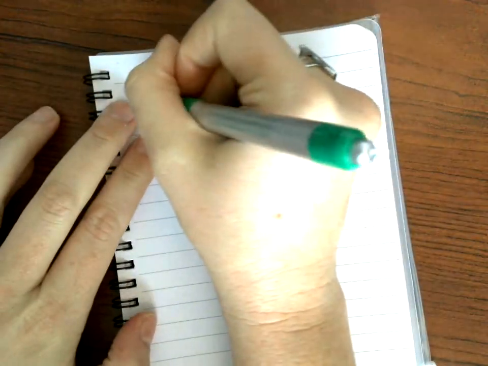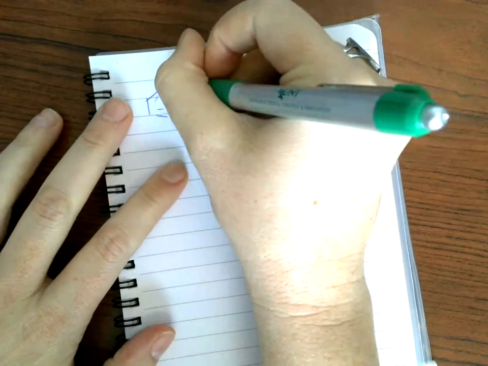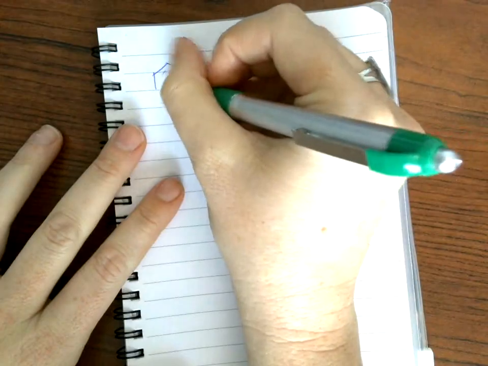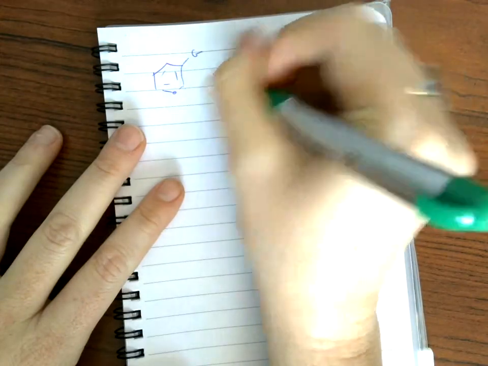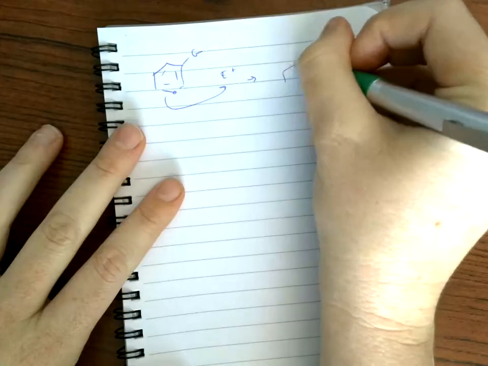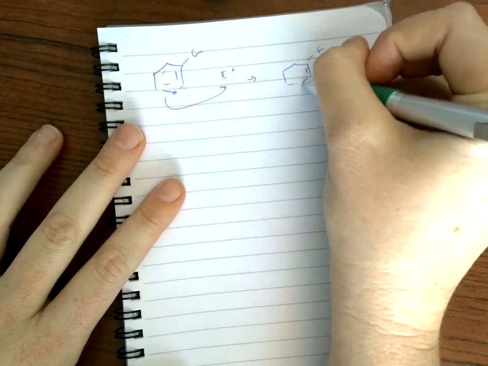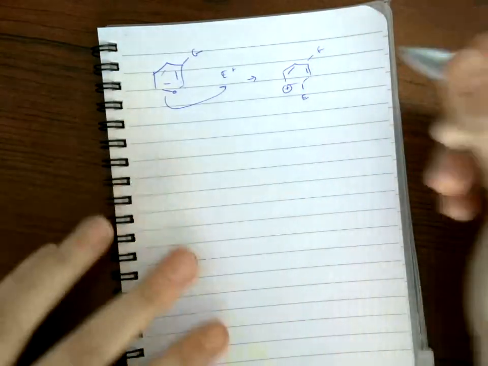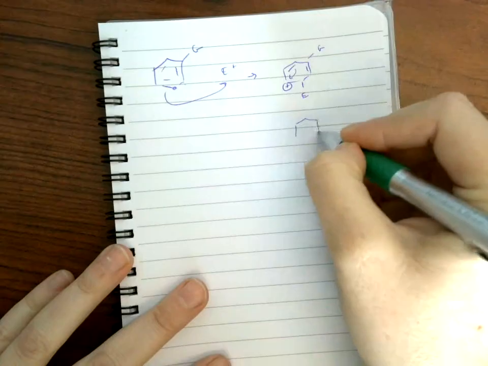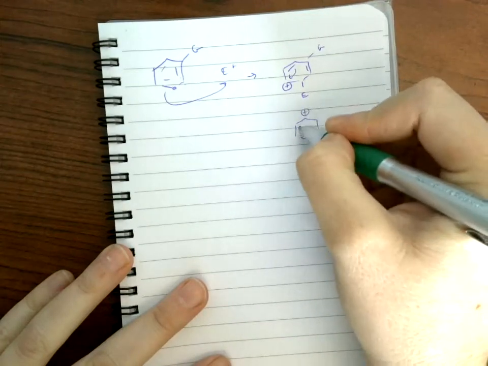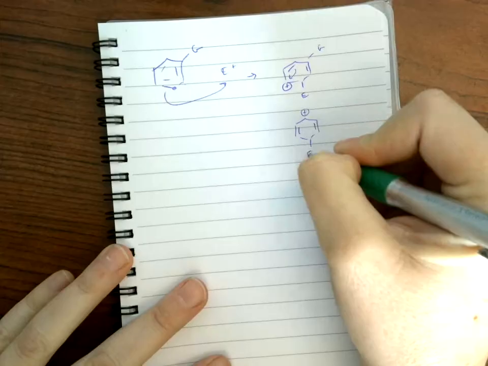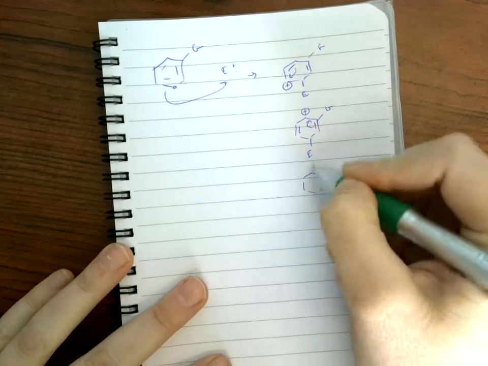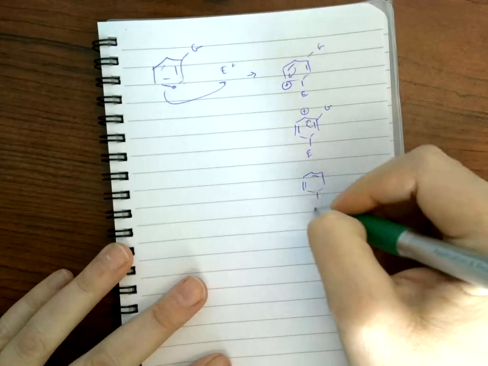If you imagine you have your group here, and your substitution occurs at this meta position, you would get your group still here, your electrophile added at the meta position, and your positive charge left behind right here. So the resonance structures for this would never actually end up on the donating group or withdrawing group if you add at the meta position.